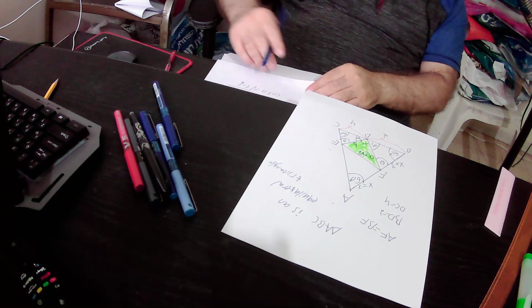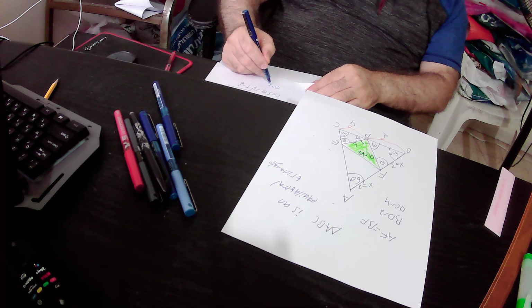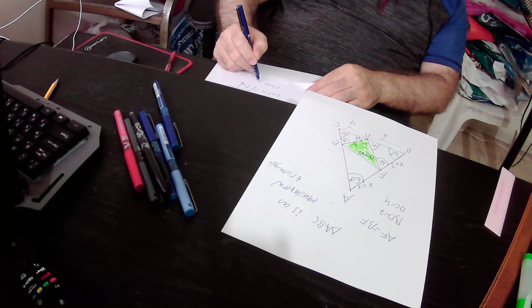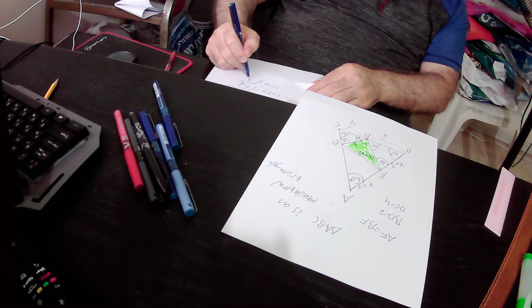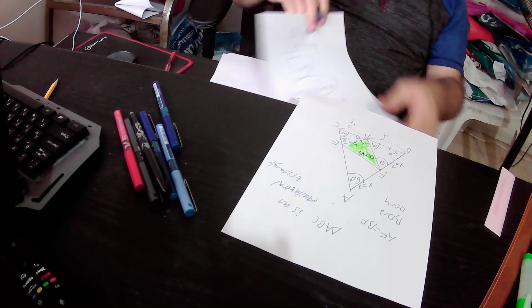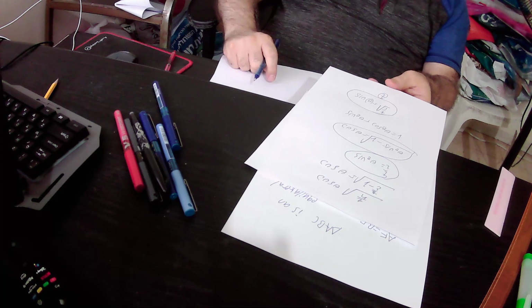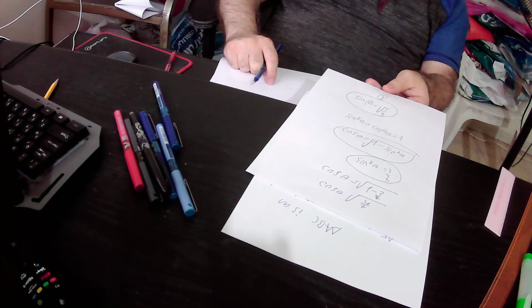So in total we got that the value of cosine theta equals the root of 4 over 7. Okay, cosine theta equals the root of 4 over 7.